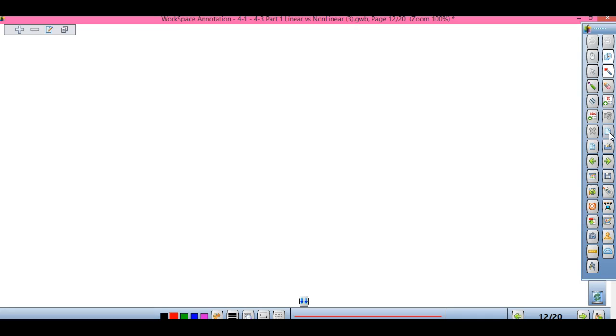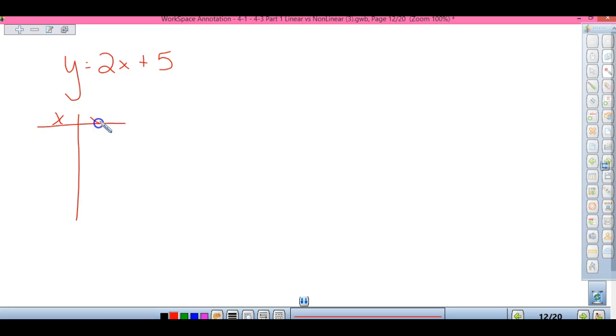So if we have, which I know you guys have done lots, y equals 2x plus 5, we are going to have to make a table. And today we will use -2, -1, 0, 1, and 2 to fill out our table.